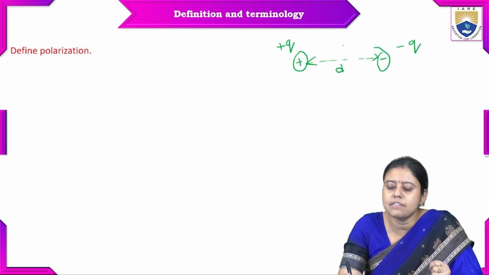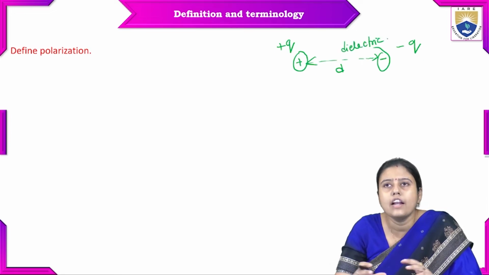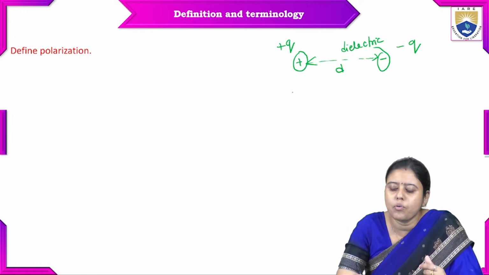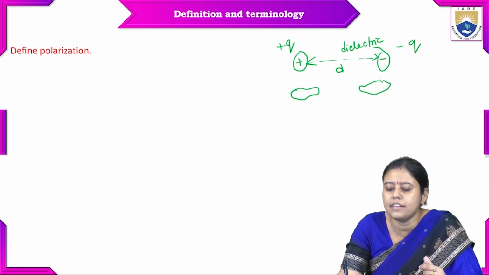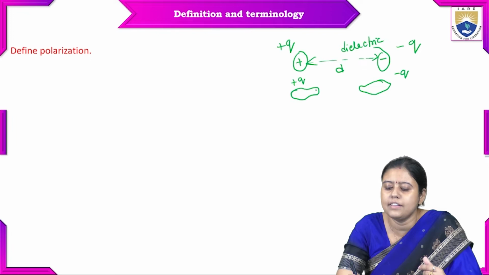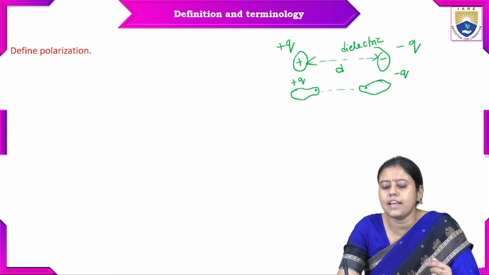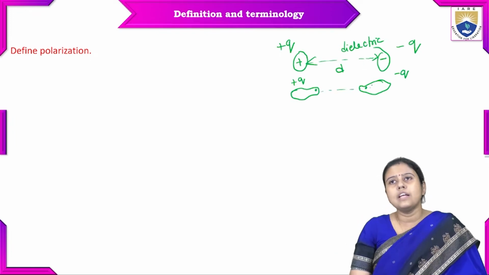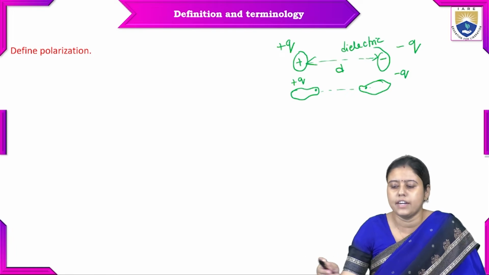And if there is some dielectric medium between them, they cannot come together. So what will happen? Their center of gravity will change like this. Their center of gravity will change like this. And this is known as the polarization of the charge.